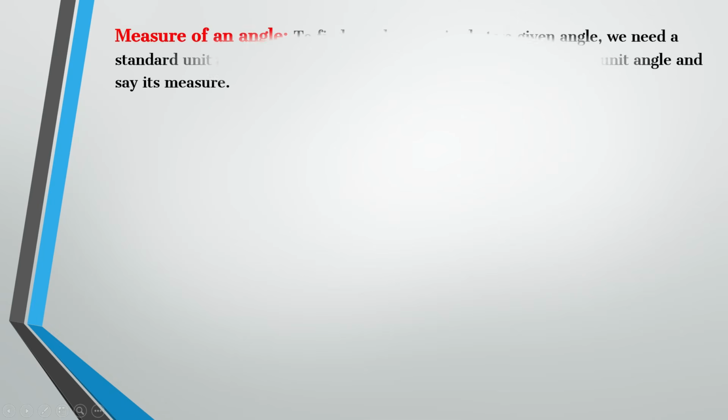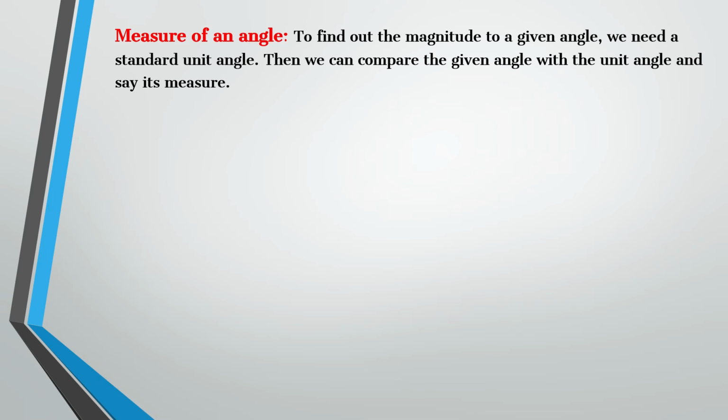Next concept is about measuring an angle. To find the magnitude of a given angle, we need a standard unit of that angle, and then we can compare the given angle with a unit angle and say it as a measurement. So what are the measuring units to measure an angle?